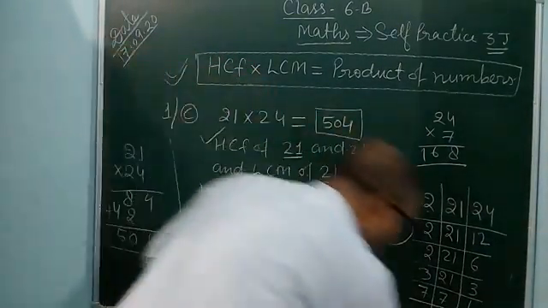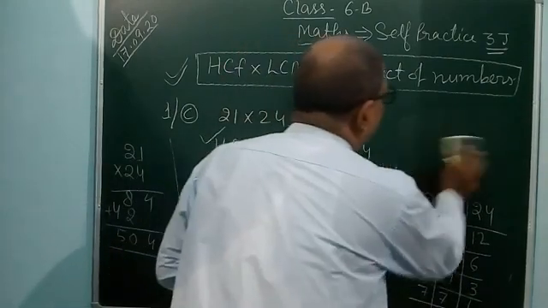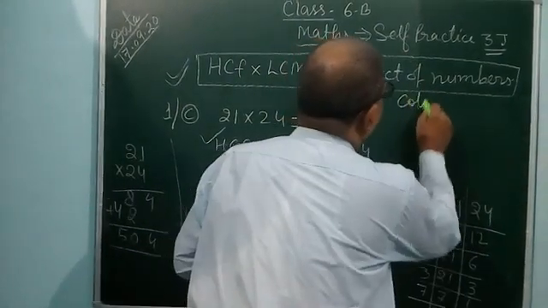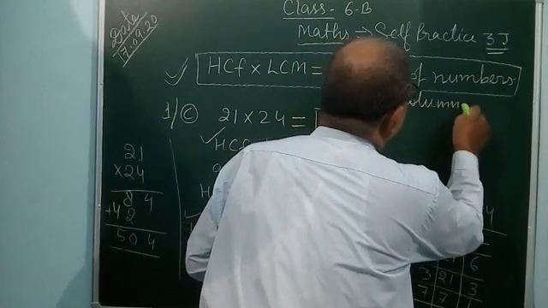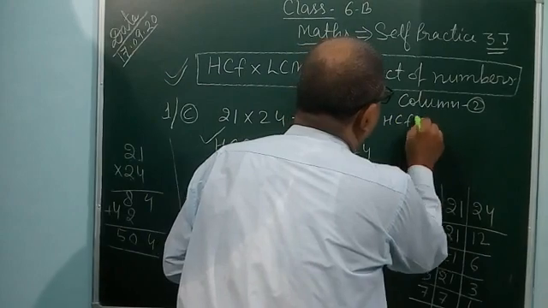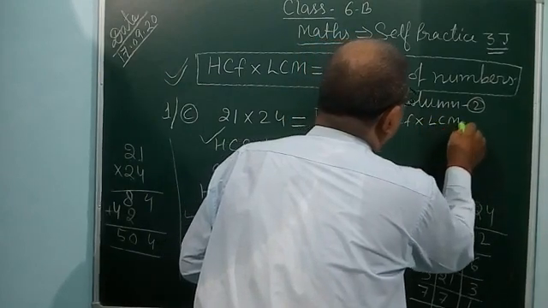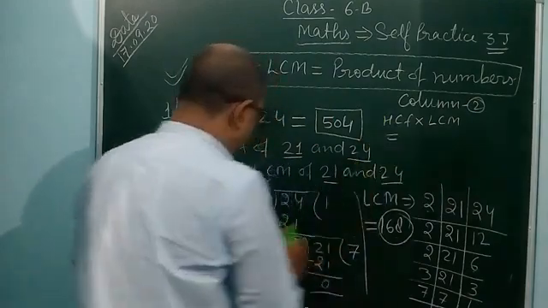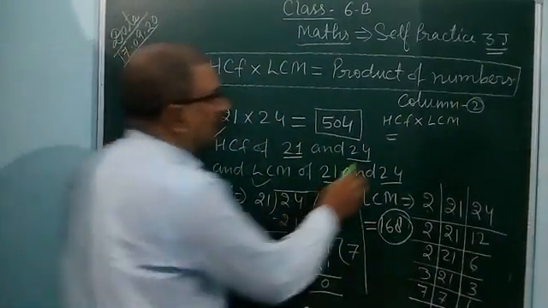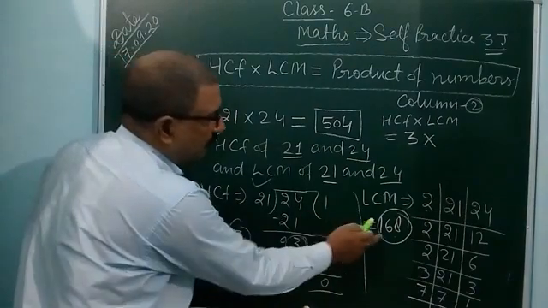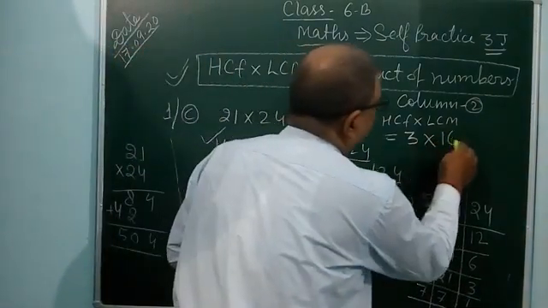In column 2, you can fill SCF multiplied by LCM equal to, what is SCF? SCF is 3 multiplied by LCM, which is 168.